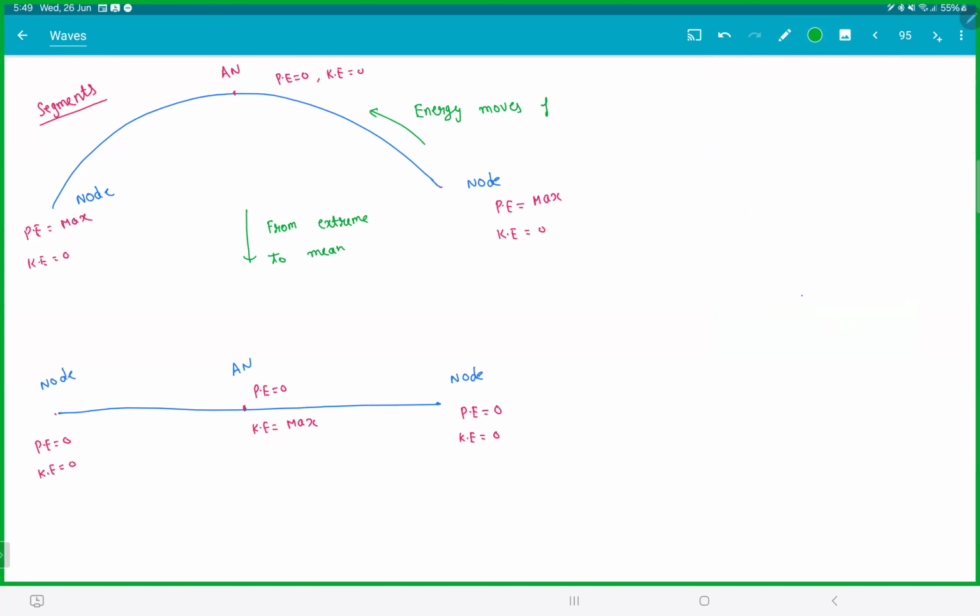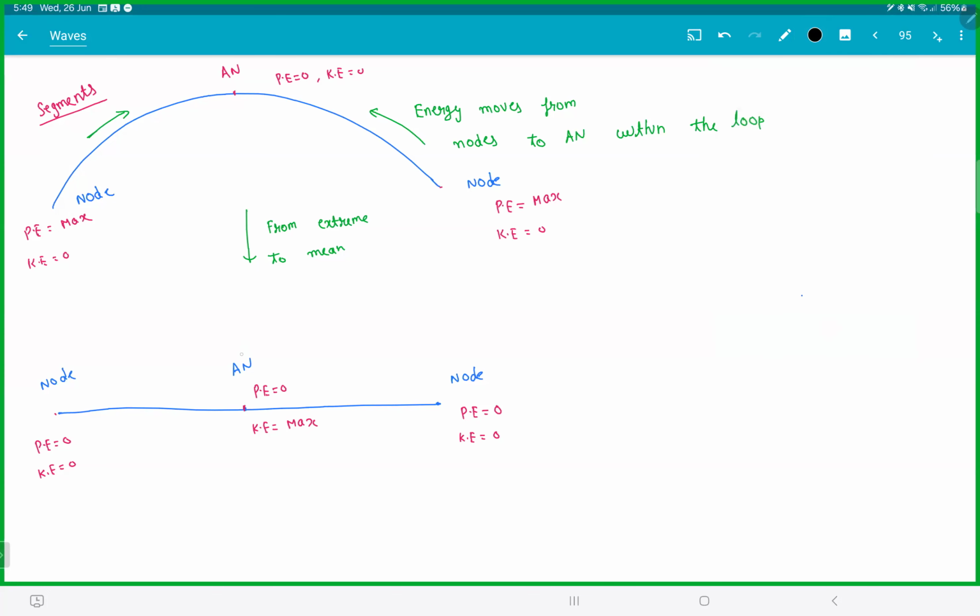Energy moves from nodes to antinodes within the loop. So there is an energy transfer from both the sides. You're getting it? So energy is transferring from the nodes, they are losing energy, and the antinode is gaining energy.